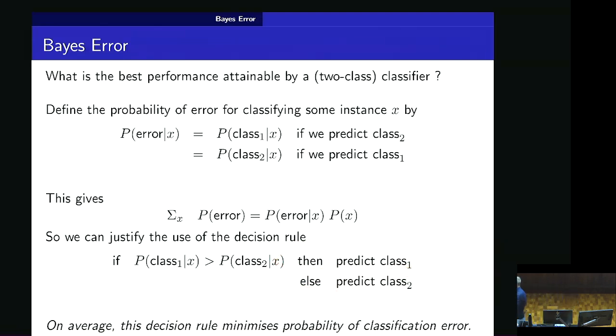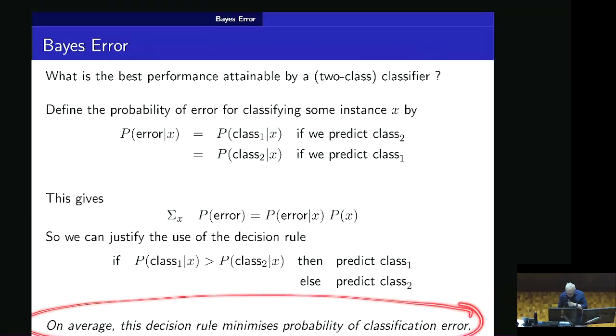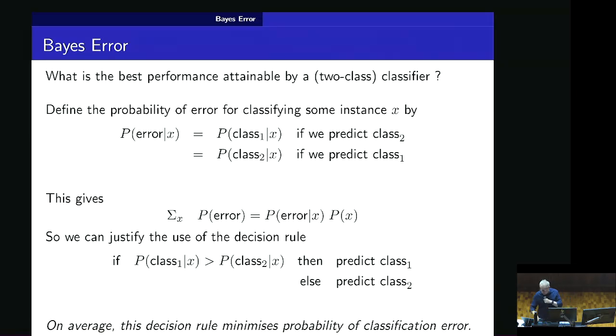So it's a very common sense idea and application, but it is a useful way to think about the whole classification problem, because if you knew all these probabilities, then this would be absolutely the best thing that you can do. And the takeaway is, on average, this decision rule minimizes the probability of classification error.